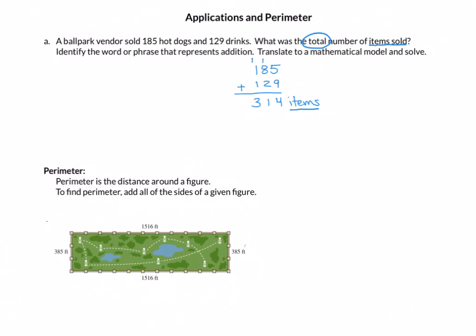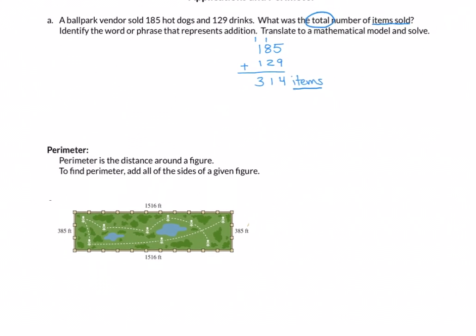All right, next problem. An application of addition is perimeter. So perimeter is defined as the distance around a figure. Now later this semester we're going to get into geometry and we're going to talk about formulas for perimeter. But for now we're going to go ahead and just use our basic definition. Perimeter, to find it, all you have to do is add all of the sides together.